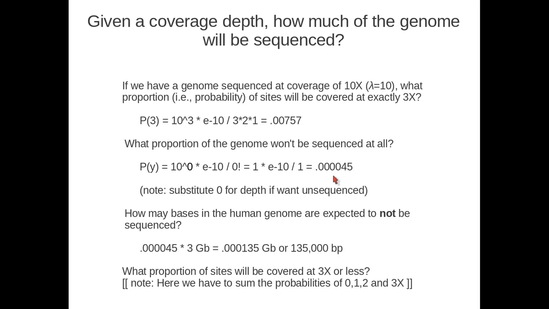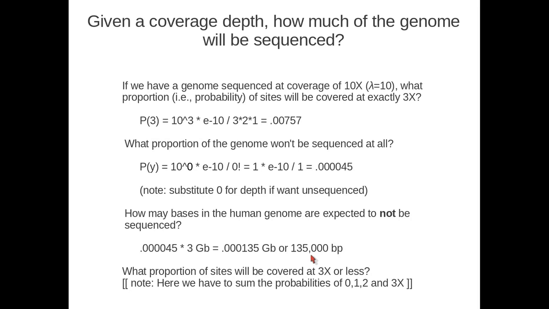So this is the proportion of the genome expected not to be sequenced. How many bases would be expected to not be sequenced? We simply multiply that proportion times the genome size, and that would give us the answer of about 135,000 base pairs not expected to be sequenced.